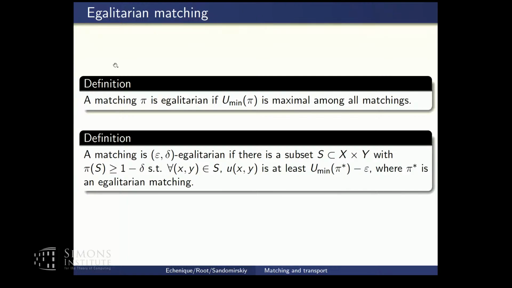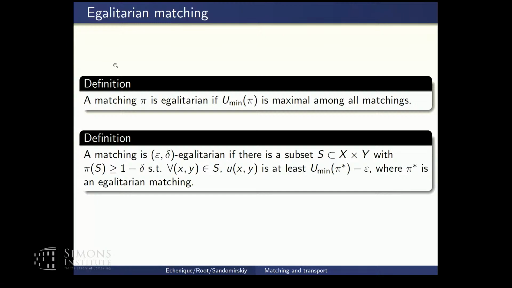So if I solve this problem, that's pi star, then I give myself an epsilon. Everyone in S gets at least that much utility. And the set S is large in the sense that it has probability at least 1 minus delta. That's what epsilon delta is. Okay, that's epsilon delta egalitarian.